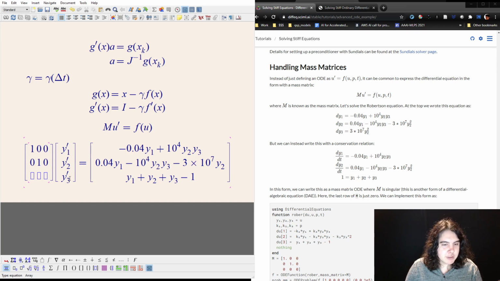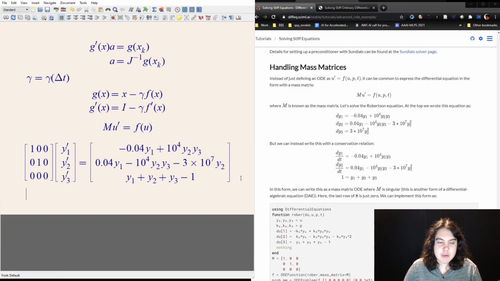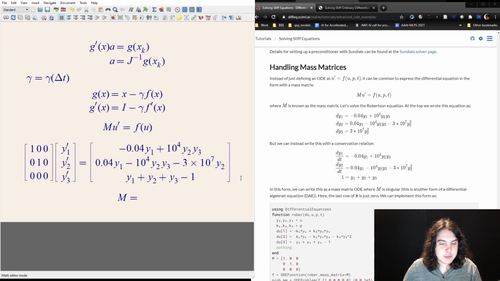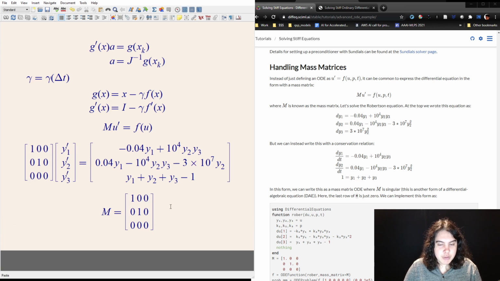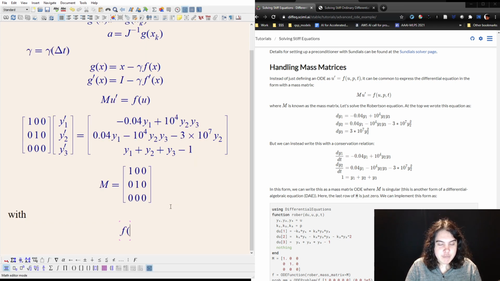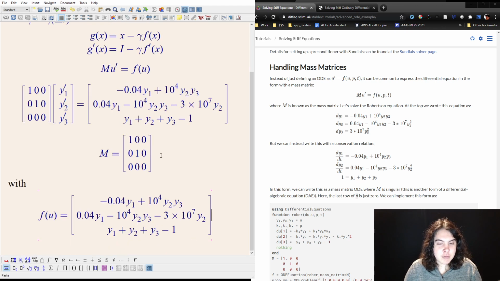We want 0 on the right-hand side here, so it's just 0, 0, 0. So M equals this, with f(u), the vector of y's, equals this. This is the way to encode that differential equation with a conservation law directly into a mass matrix form.